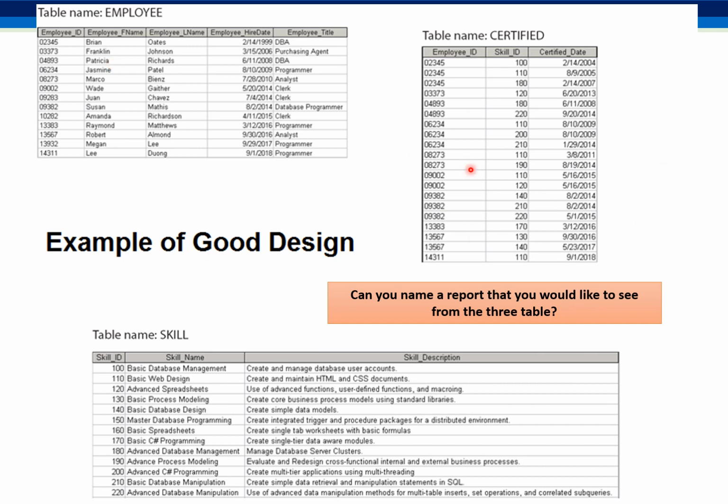Look at certified. You got employee ID, skill ID, skill ID. So since these tables can talk to each other, and we'll learn it's because we have a primary key to a foreign key, and we're going to make a relationship, then we can pull any report that we want.